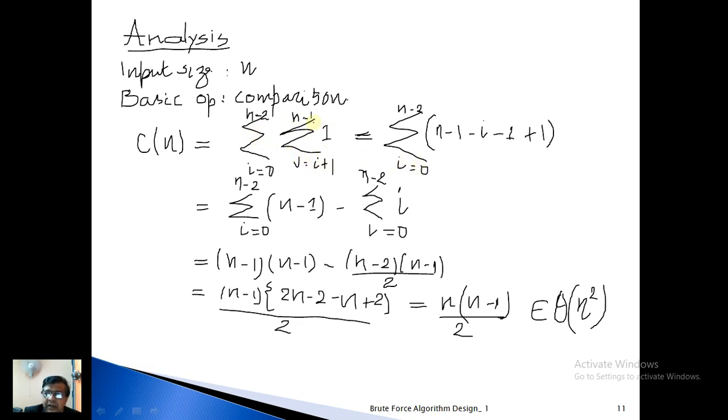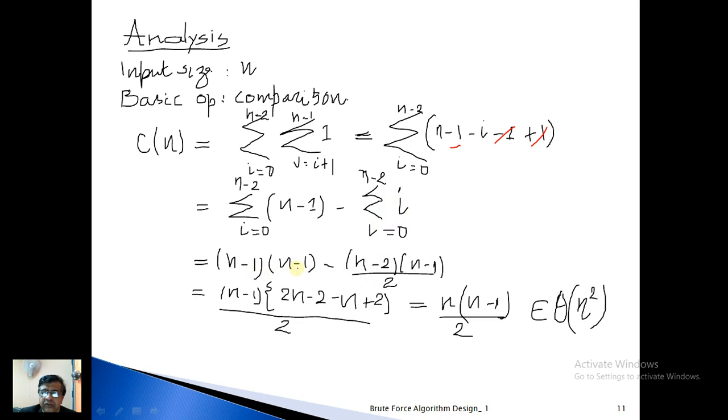It is n minus 1 minus i minus 1, plus 1. The plus 1 minus 1 will cancel away, leaving behind n minus 1 minus i, for i from 0 to n minus 2. We will separate the constant term and the variable term, and sum it out.